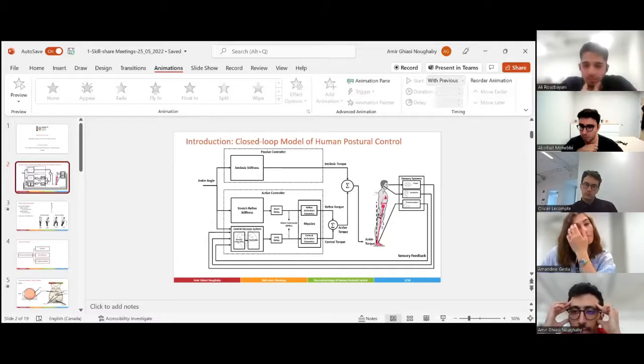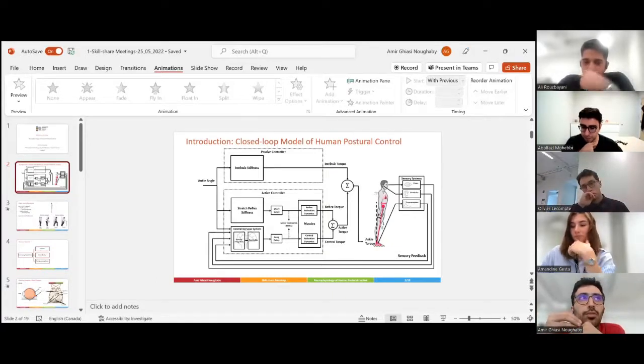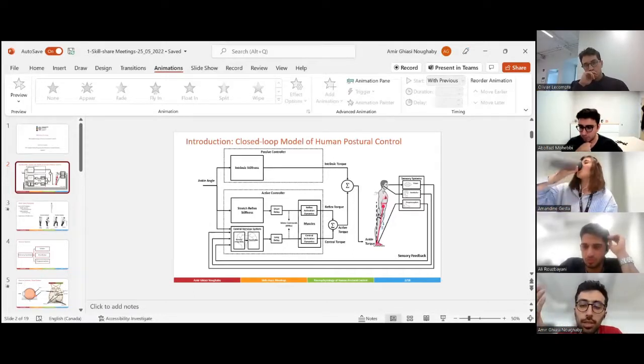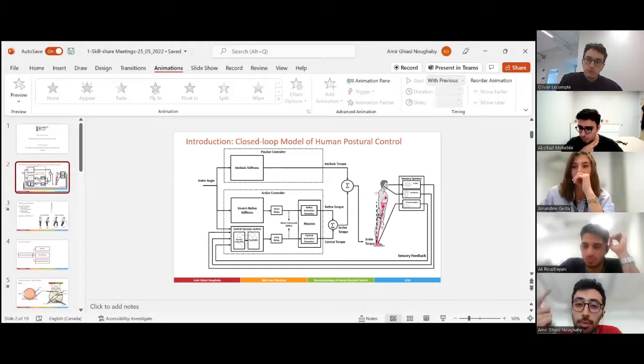Mm-hmm. Yeah, it is just a simple model to simplify the relation between sensory systems, the central nervous system, and other parts incorporated in human postural control. Actually, it's a model according to those signals that we have access to.